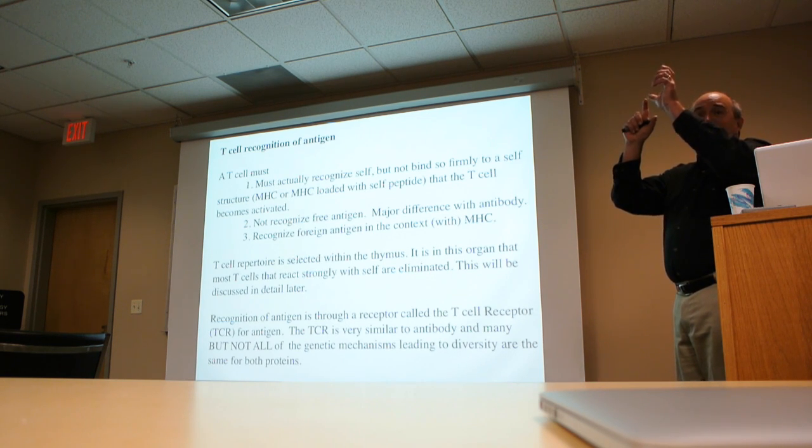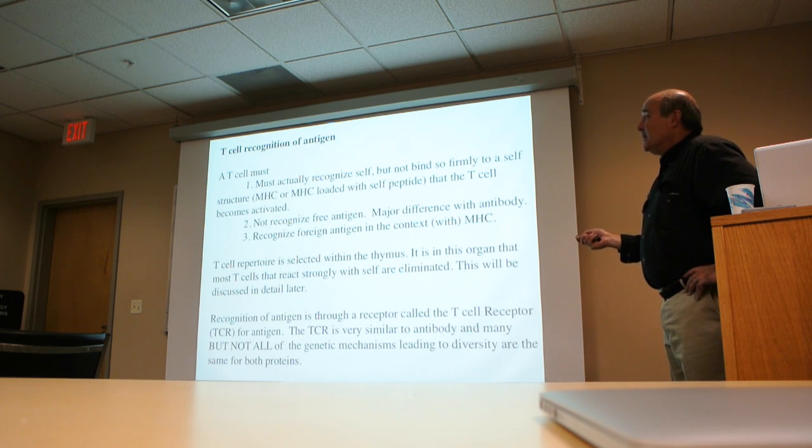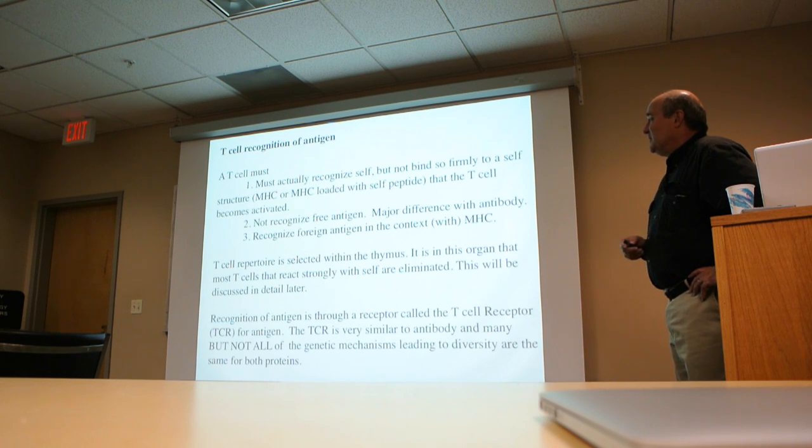The B cell can recognize native antigen in my early cartoons and so forth. But TCR is not. It's going to recognize peptides presented by MHC. And it's this restriction by MHC that is really unique to the T cell. The repertoire, the diversity aspect, is selected and generated in the thymus.